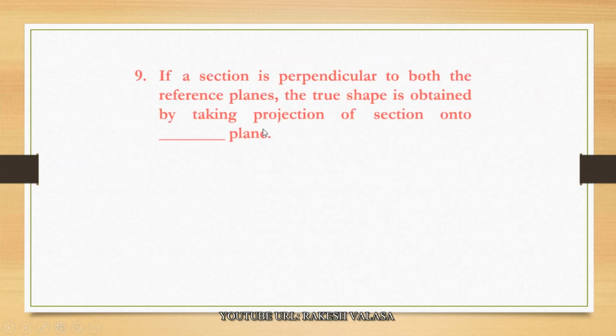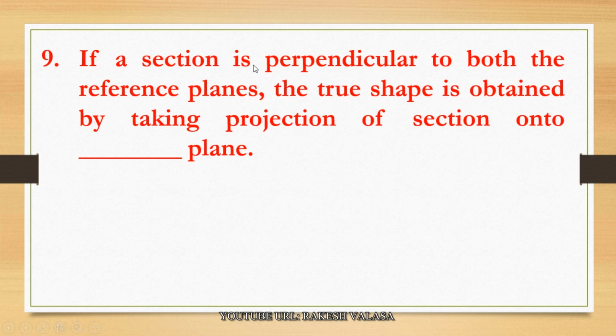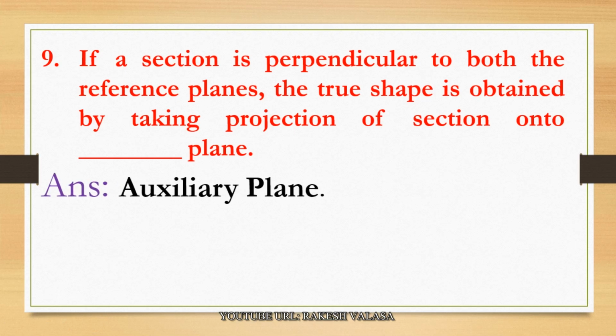Next question. If a section is perpendicular to both the reference planes, the true shape is obtained by taking the projection of the section onto that dash plane. This type of question was already discussed in the projection of planes. When the section plane is perpendicular to both HP and VP, in both cases the section plane appears like a line, but the true shape appears on the auxiliary plane.